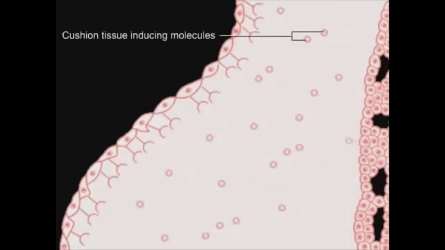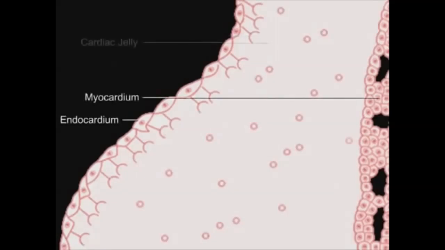So let's look at this region and try to understand that there is migration of special cells and tissues from myocardium in endocardial directions.